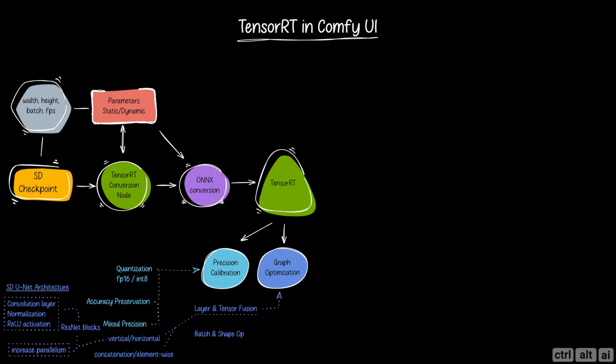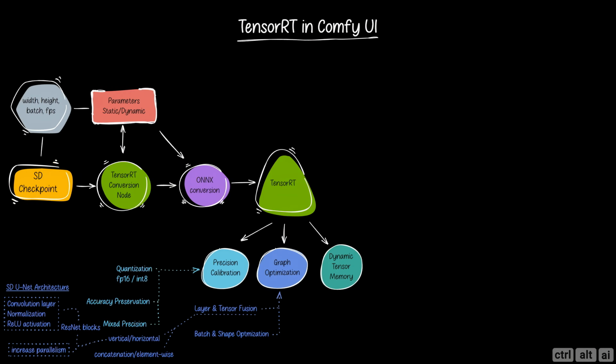Batch optimization allows for the simultaneous processing of multiple images, increasing throughput. Shape optimization enables the efficient handling of various image resolutions and aspect ratios without needing separate model versions. Overall, graph optimization streamlines the model's computational process, resulting in faster and more efficient image generation in Stable Diffusion.